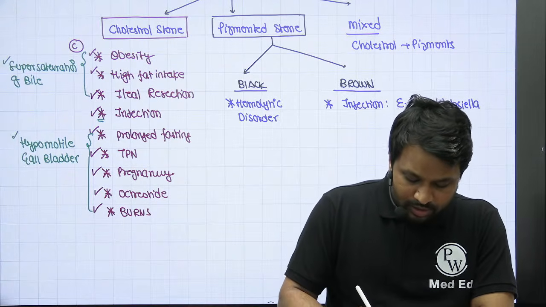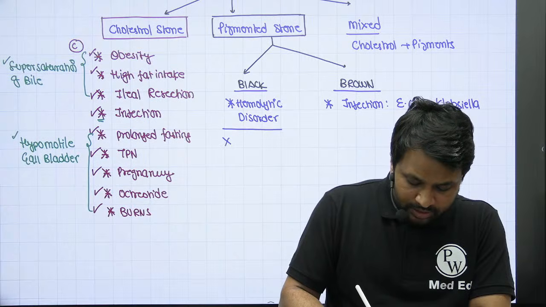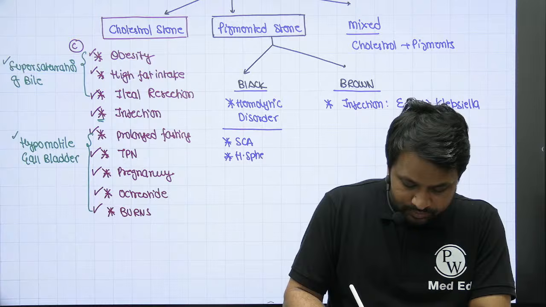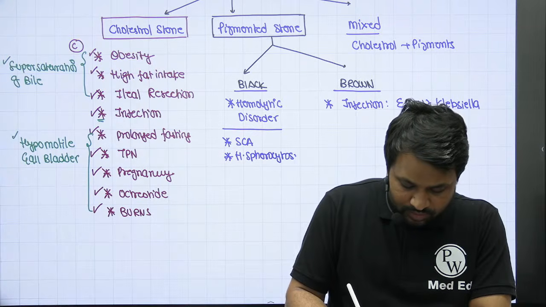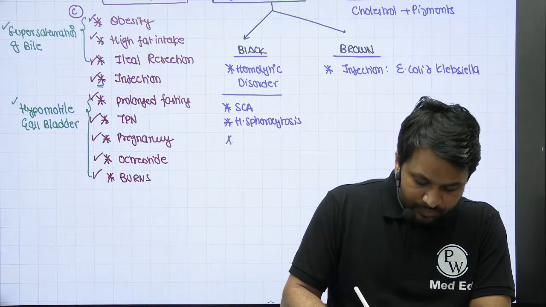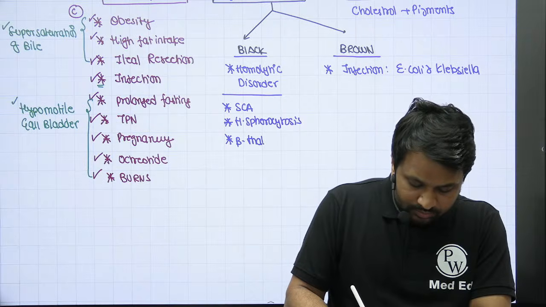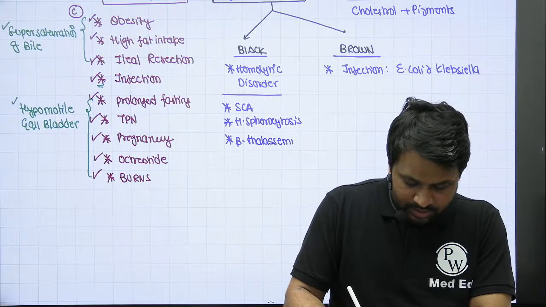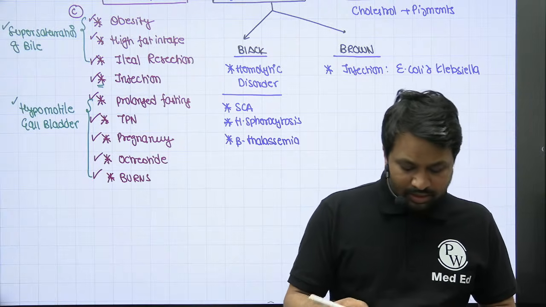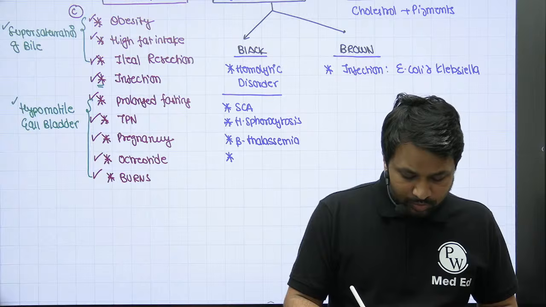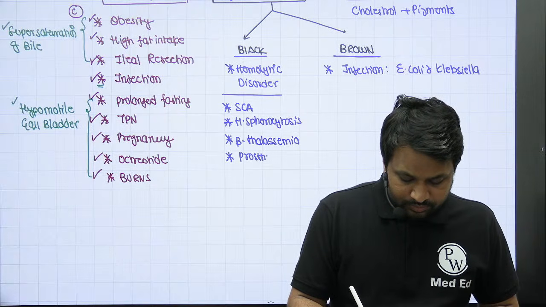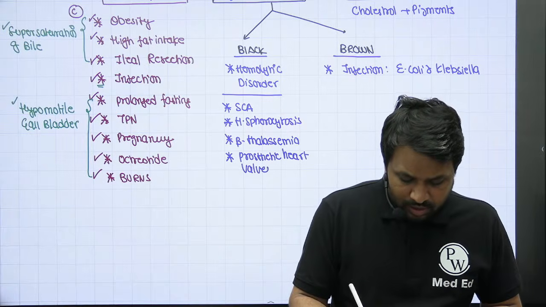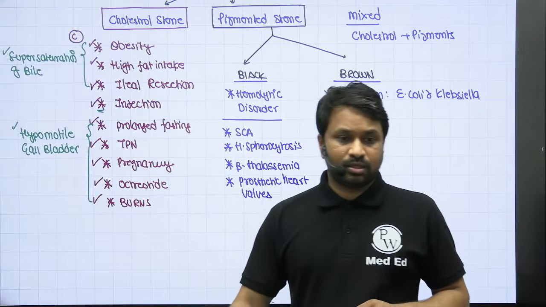Now the hemolytic disorders that you can talk about here are sickle cell anemia, hereditary spherocytosis, beta thalassemia. It can be secondary to prosthetic heart valves, any of this, right? All these will add on for development of hemolytic disorders.